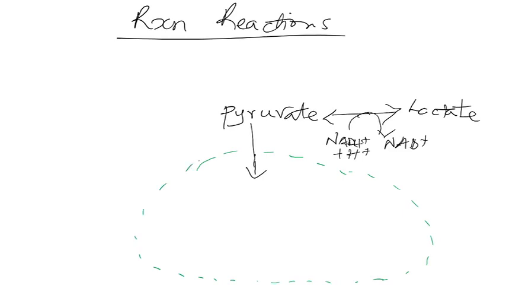So once the pyruvate goes into the mitochondria, it's converted to acetyl-CoA. So the acetyl-CoA then combines with oxaloacetate to form citrate, and then it would have entered the citric acid cycle.